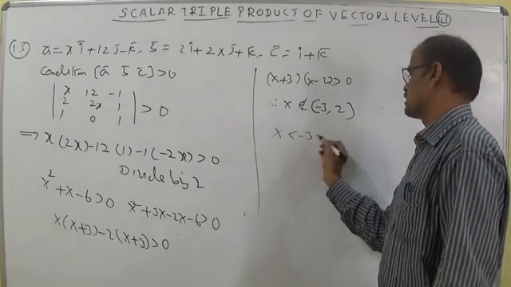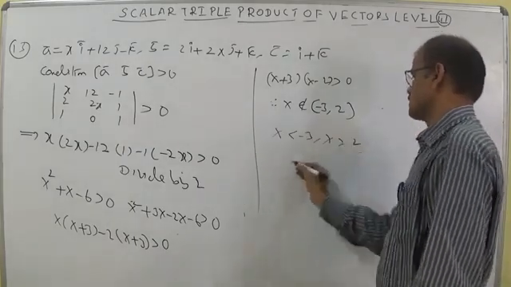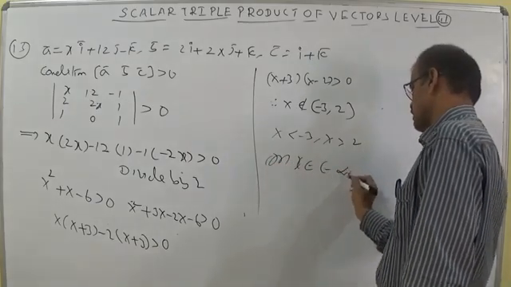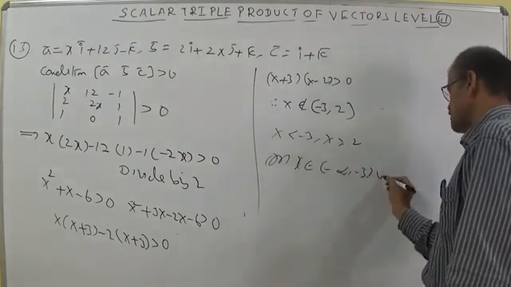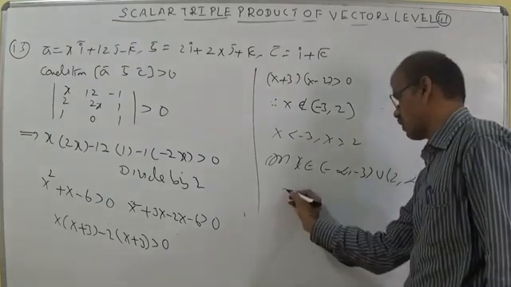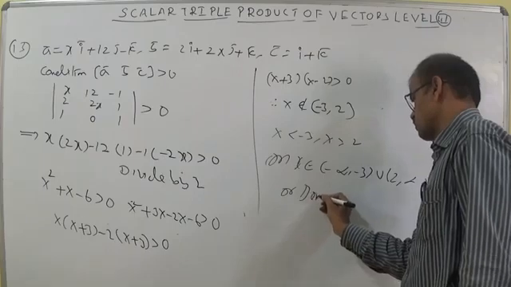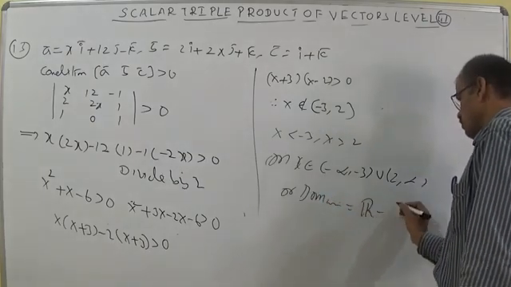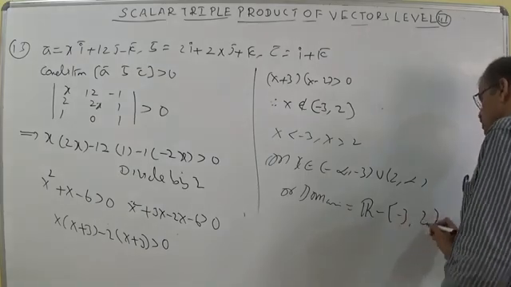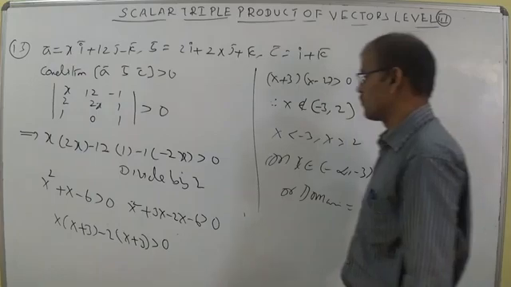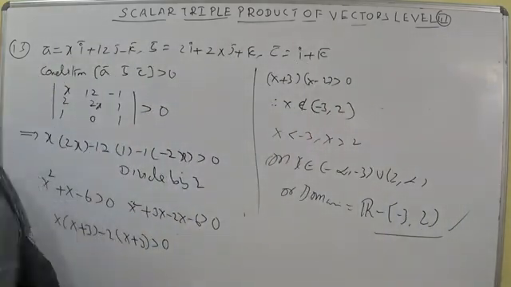That is, x less than minus 3 or x greater than 2, or x belongs to minus infinity comma minus 3 open interval union 2 comma infinity open interval. Domain is R minus the set minus 3 comma 2.